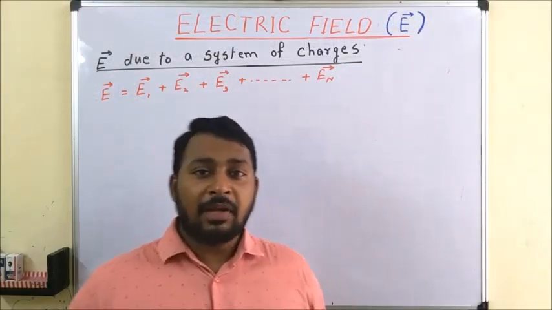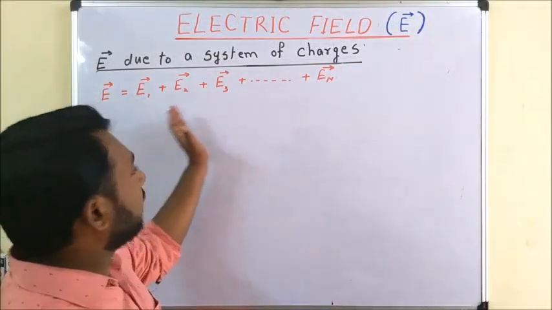Now we are going to substitute the values of E1, E2, E3 and En in this equation.